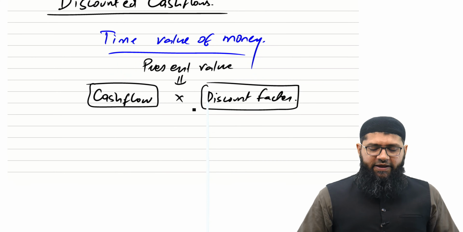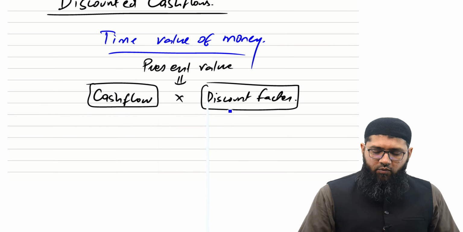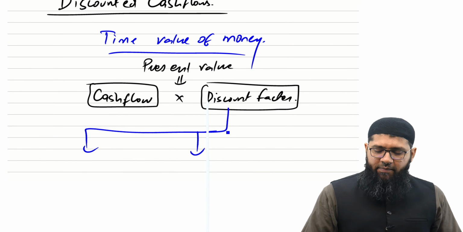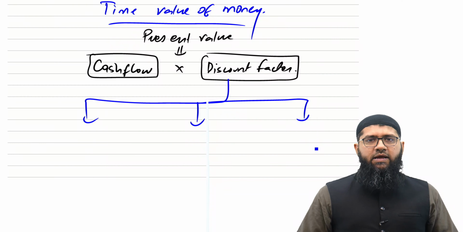So now when we talk about the cash flow multiplied by the discount factor, what are going to be the discount factors? There are majorly 3 different types of discount factor, and let me guide you.